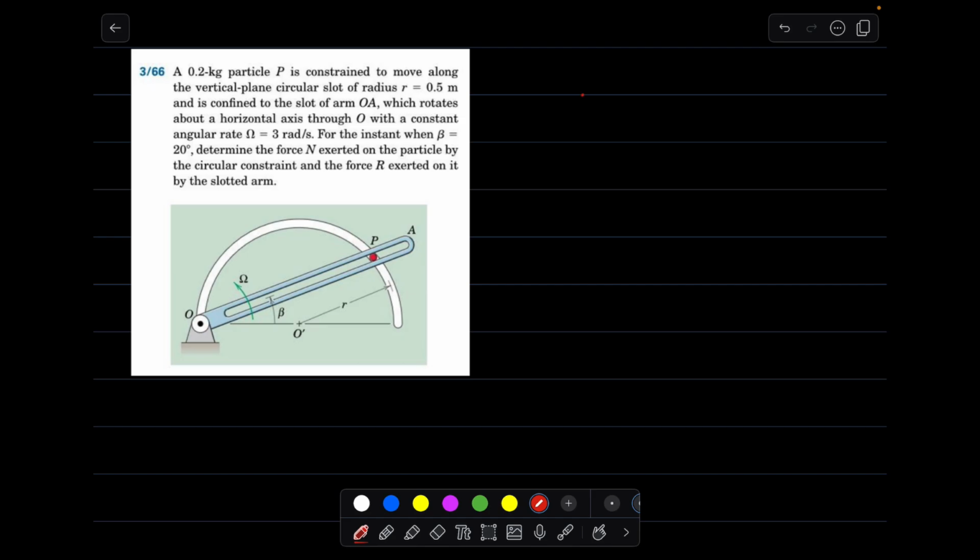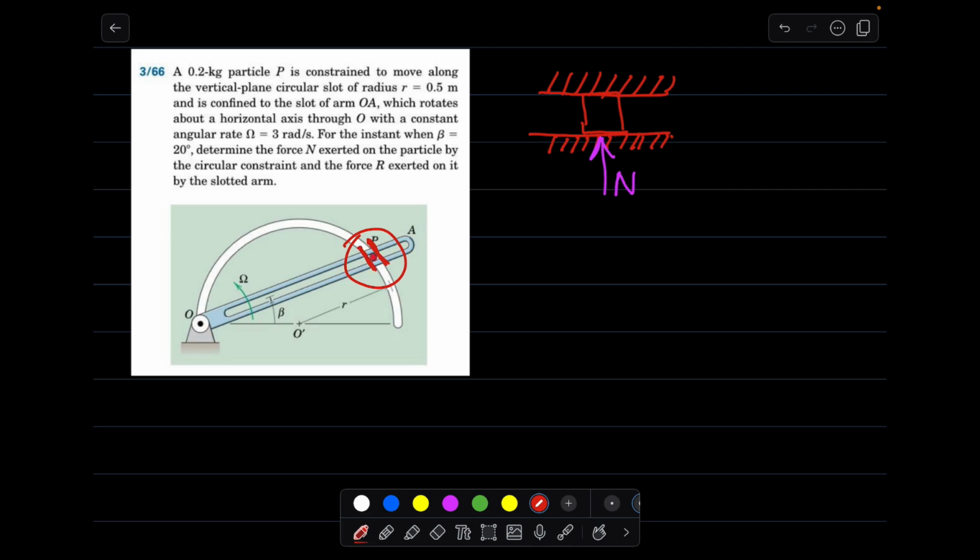Suppose this is a particle on this surface. If I ask where the normal force is, you can say it is perpendicular to the contact surface. In the next case, this particle is between two surfaces, one surface here and another surface of this circular constraint.